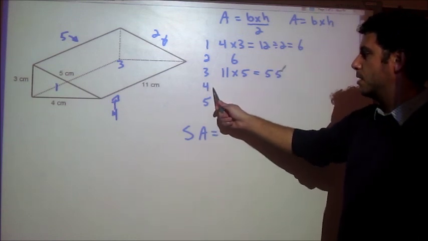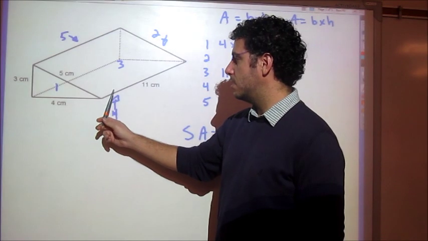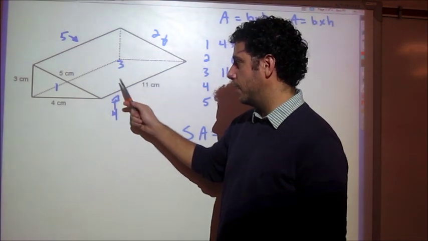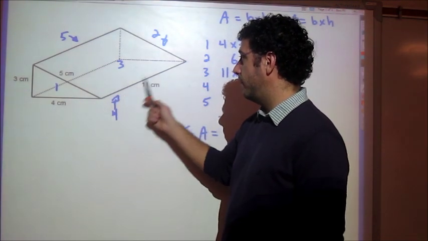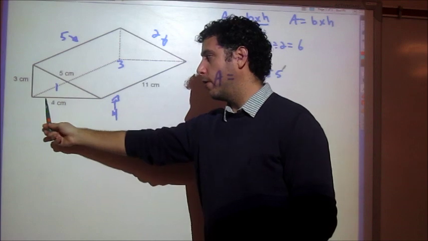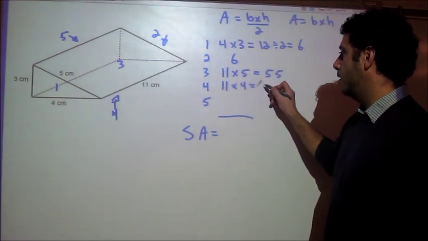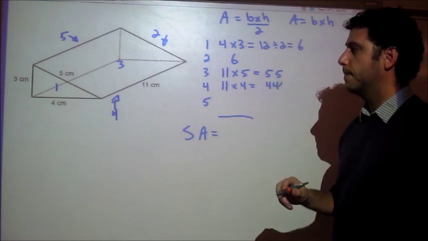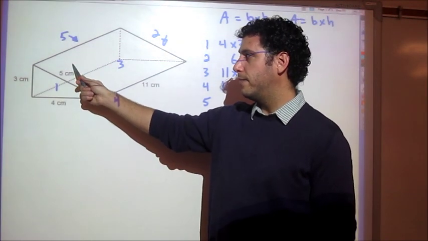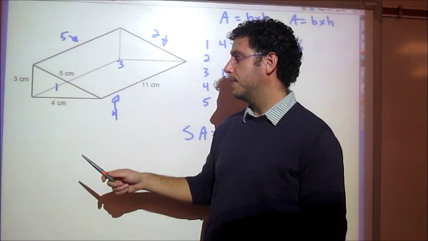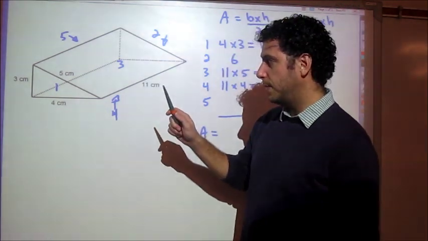The 4th face is also a rectangle on the bottom there. Its dimensions are 11 and 4. So 11 times 4 would be 44. And face 5 is also a rectangle, and you have to be careful here.